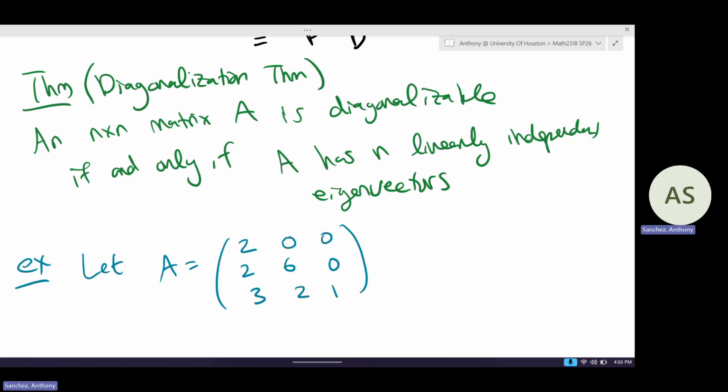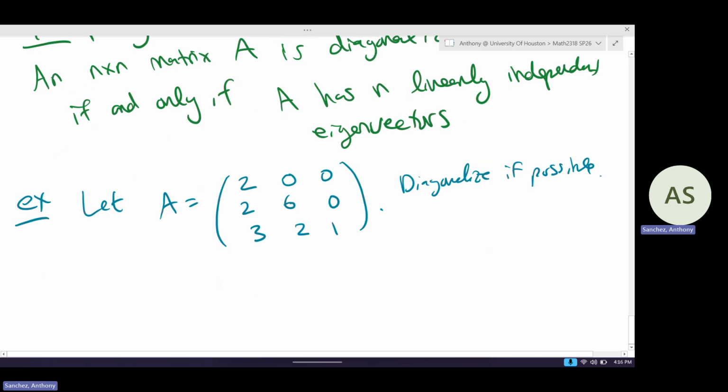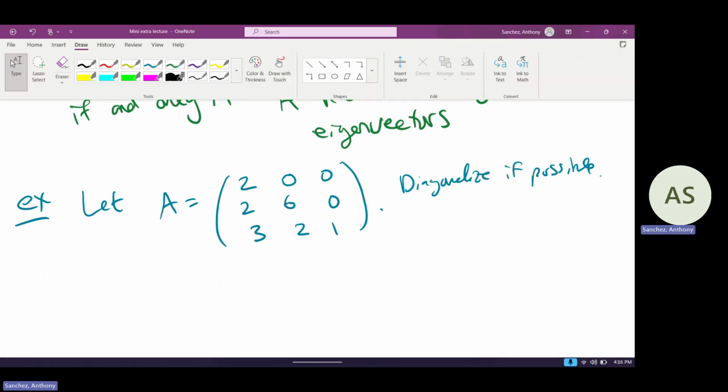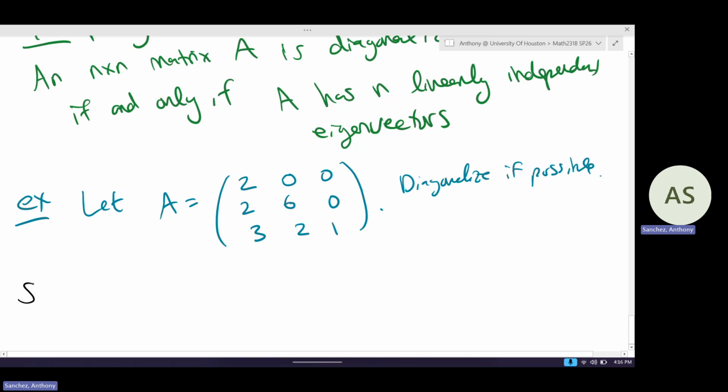Yeah, I think we're good. All right, so let's go ahead and do this example together. Let A be this, diagonalize if possible. All right, so we go through the entire process, but we notice some things, right? We're not just robots going through the motions. We're able to look at these things. So note what kind of matrix A is.